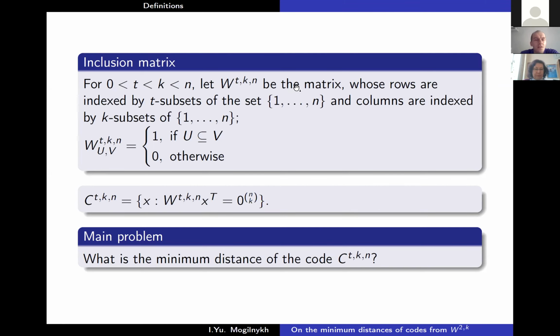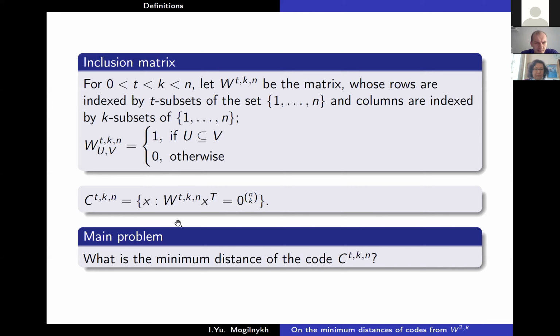Its rows are indexed by t-subsets of an n-element set, which are integers from 1 to n throughout the talk, and the columns are indexed by k-subsets of the n-element set. And the UV element of the inclusion matrix is 1 if U is a subset of V, and this element is 0 otherwise.